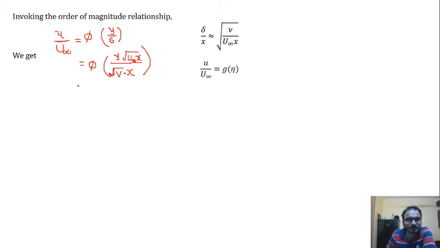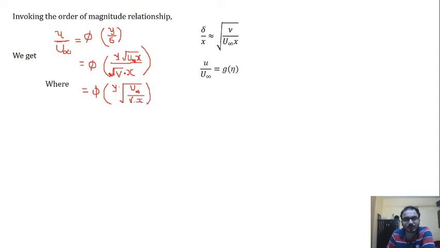If we simplify this, we will get phi of y into square root of u infinity divided by nu into x.